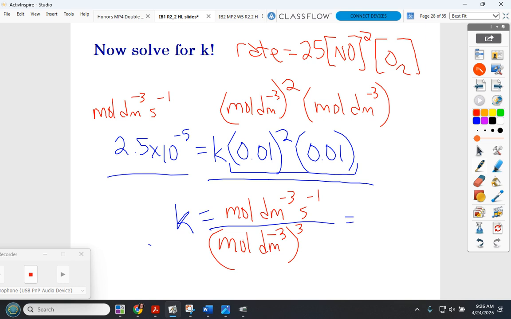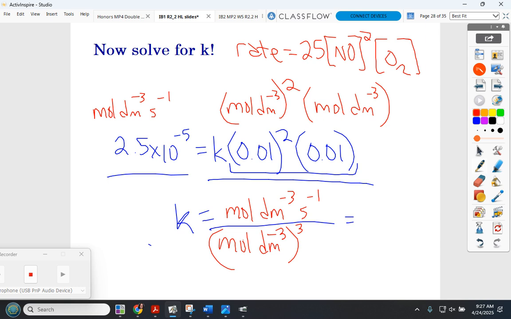Okay, so this is where knowing how to use fractions and exponents comes in really handy. What do we do when we have an exponent raised to an exponent? No, we multiply them.